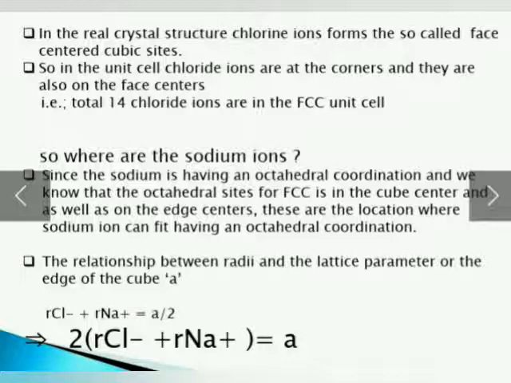In the real crystal structure, along the edge, the two ions, chloride and Na+, are actually touching each other. Then you can see the relationship between the radii and lattice parameter a. It is given as 2 times (radius of chloride ion plus radius of Na+ ion) is equal to the lattice parameter a.